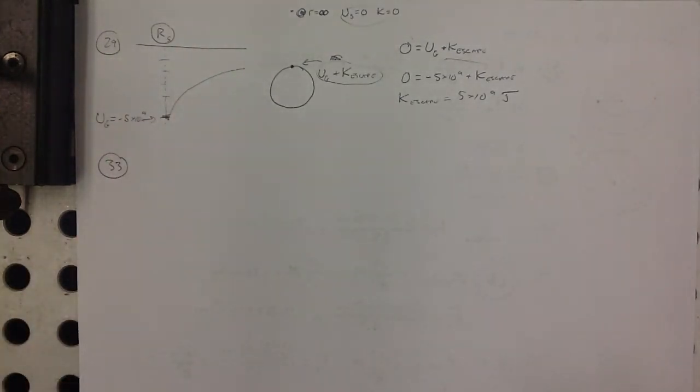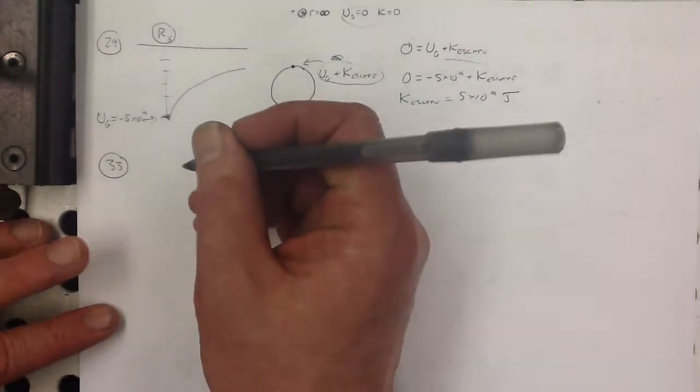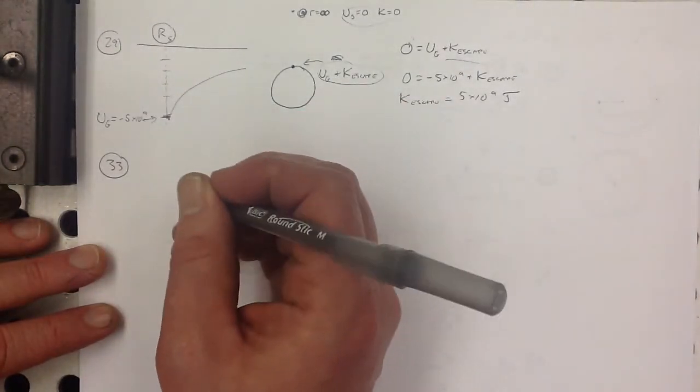Number 33. What multiple of the energy needed to escape from the Earth gives the energy needed to escape from the Moon and from Jupiter? So the energy needed to escape from the Earth, well, that's this deal again.